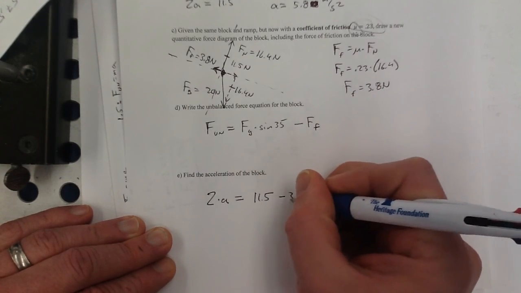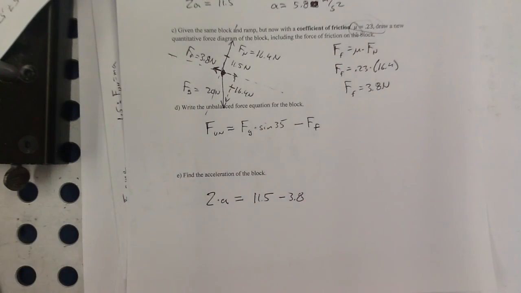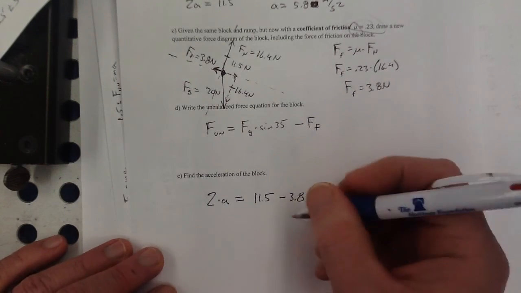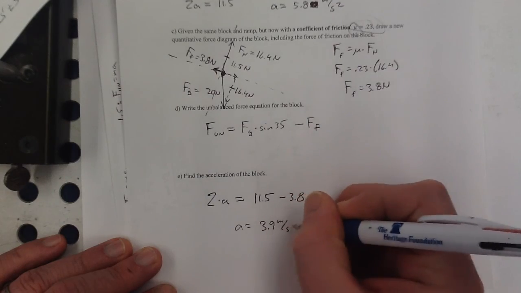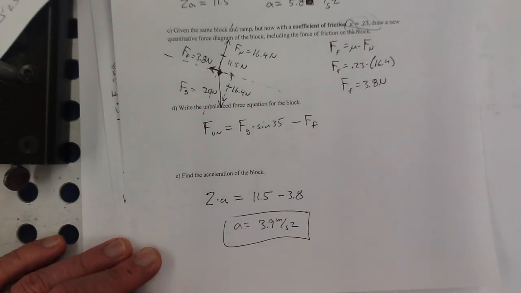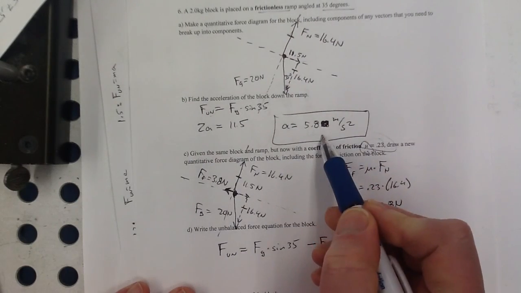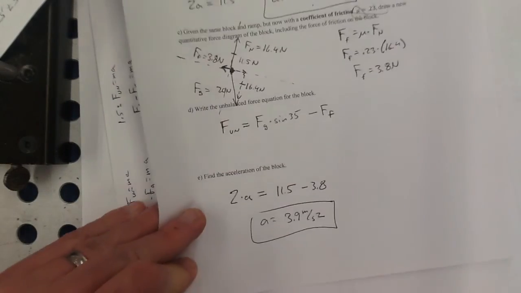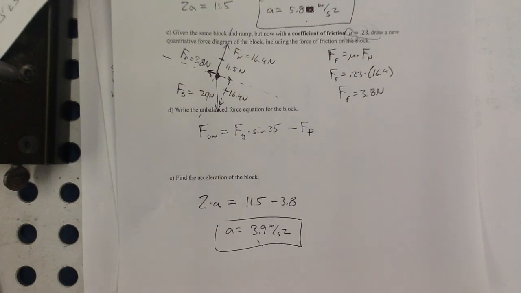The force of friction we just found is 3.8. And a little bit of math left to do, and then we are done. And it shouldn't be surprising that this was the acceleration with no friction, and this is the acceleration with friction. Should definitely be less there. All right.